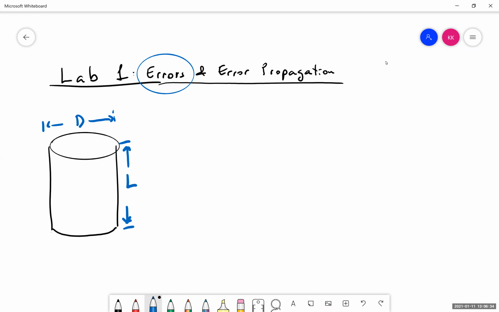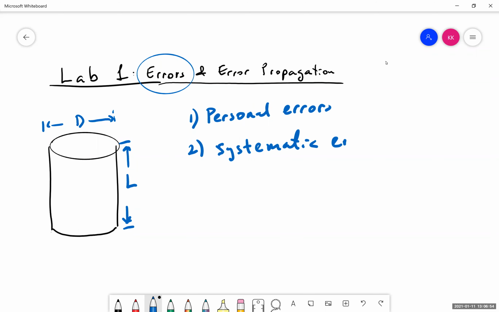There are categories of errors even. We can talk about personal errors, systematic errors, and random errors.